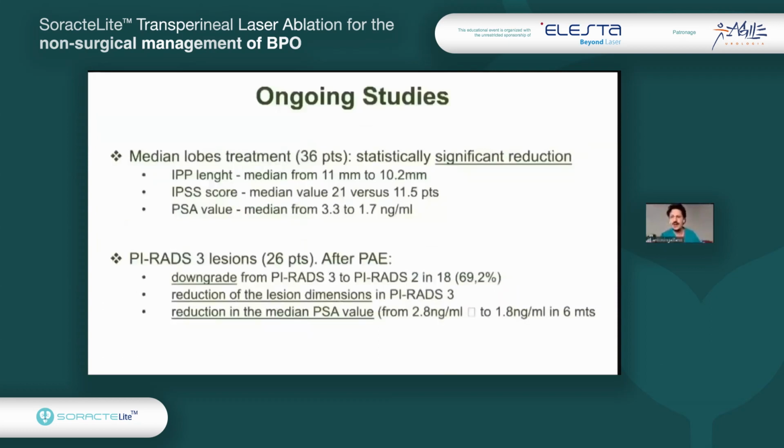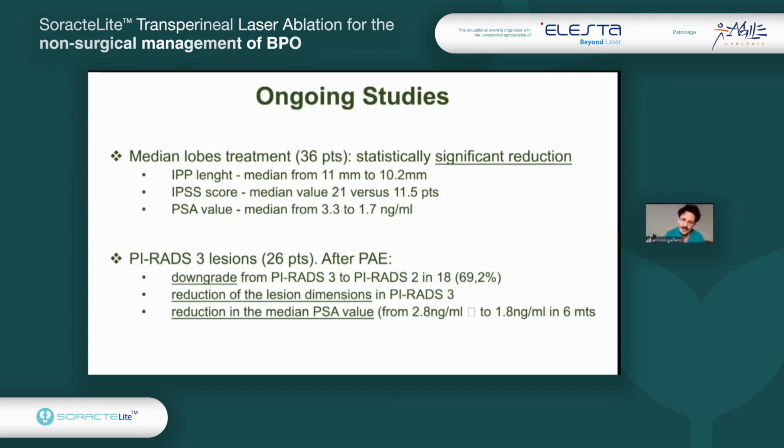By now we are studying the different indications, and what we can see is that the best results are in very large prostates. We are studying the treatment of median lobes that can be embolized selectively, and it was a good success in the retrospective analysis of data.